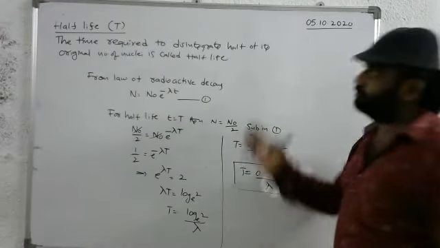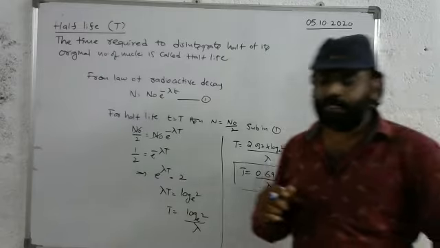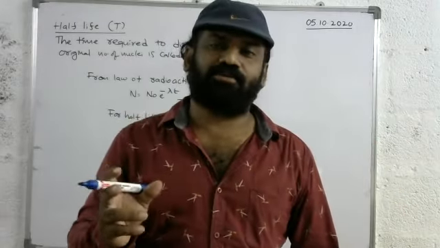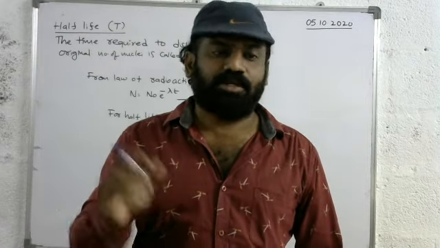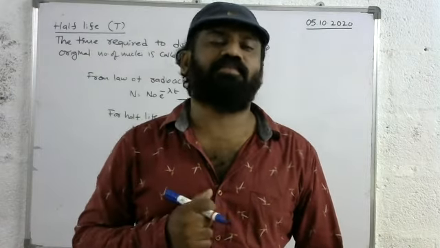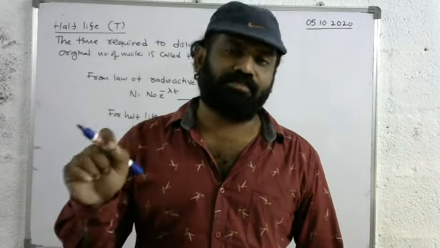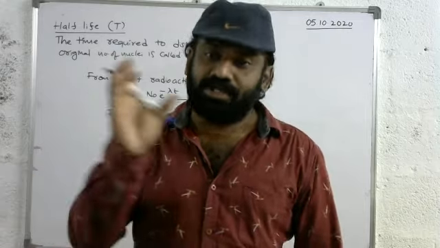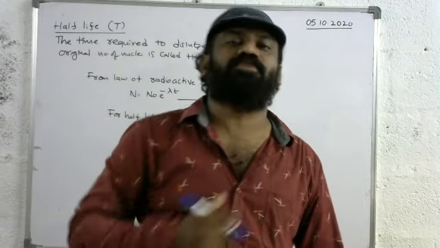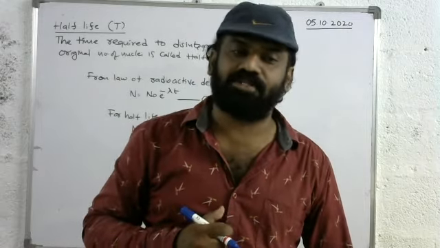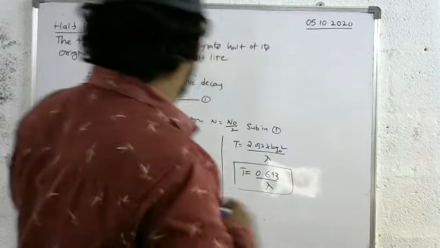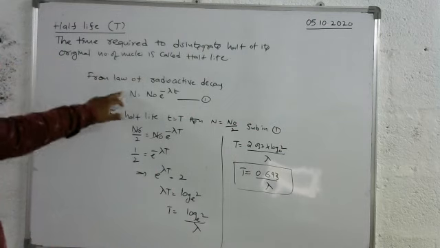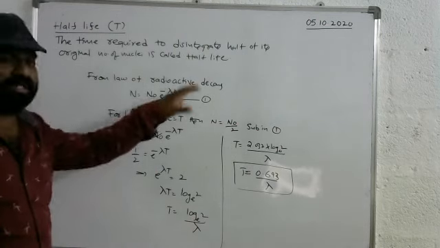Once again, look here, half-life. Half-life means the time taken by the radioactive substance to disintegrate half of its original number of nuclei. For that we consider from the law of radioactive decay N equals N naught e power minus lambda t.